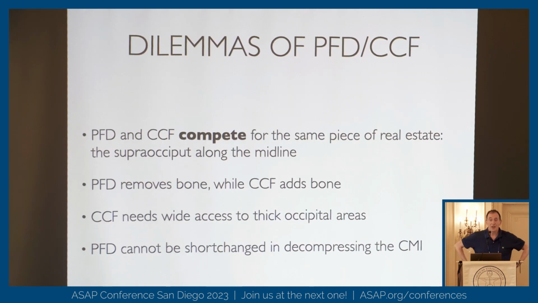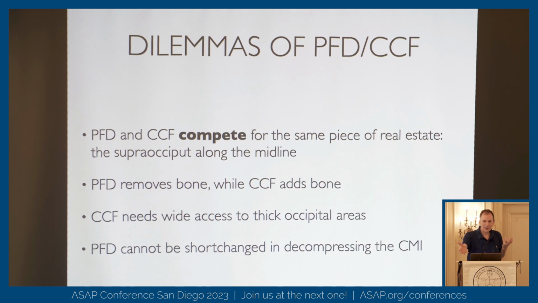Now, because this is a Chiari conference, if you have Chiari and craniocervical instability or a craniocervical malformation, there is a dilemma there, because Chiari surgery requires the bone to be removed to get in.